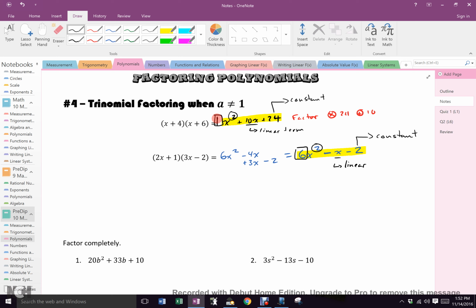Okay. Now, to do this question, to factor it, I needed to do this, yeah? Now, consider this. There's three similarities and one difference. If you were to attempt to factor this by yourself, what would you do if I gave you this question, 6x squared minus x minus 2, and I said factor it?